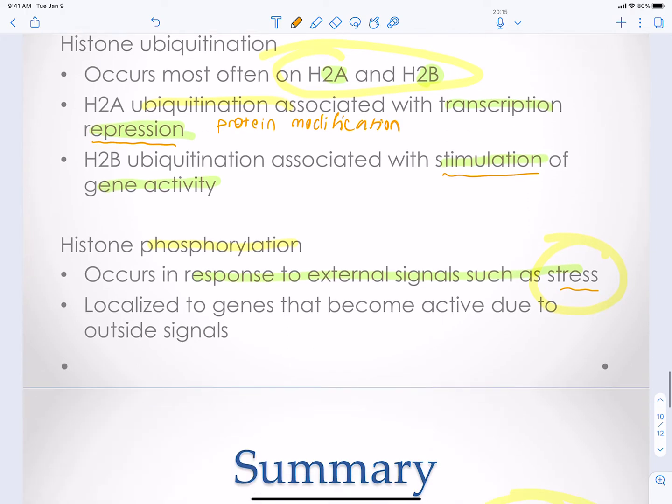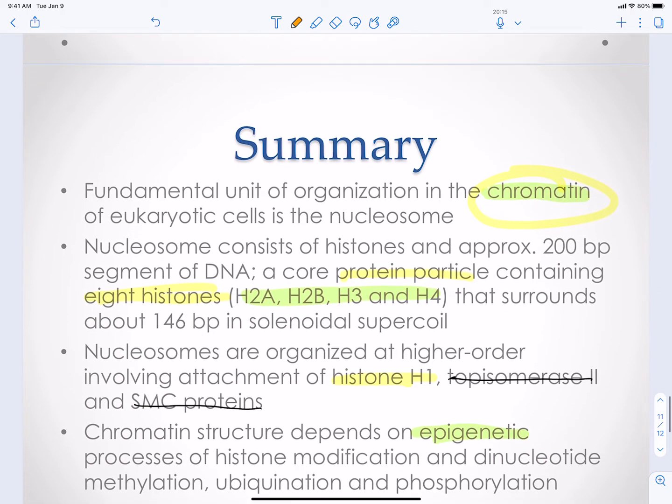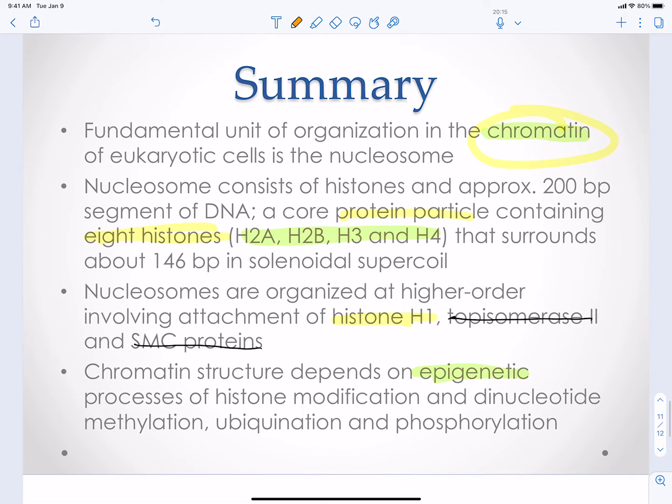So in summary, we have an organization of our nucleic acid, our DNA, in the form of chromatin, the structure of DNA. The chromatin is going to be formed into nucleosomes with a histone core and a histone 1 linker. Nucleosomes are going to fold into solenoid structures.